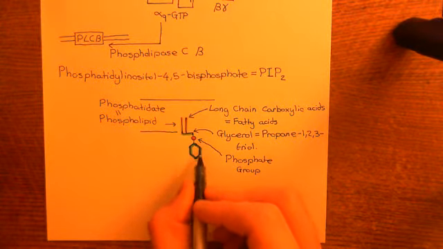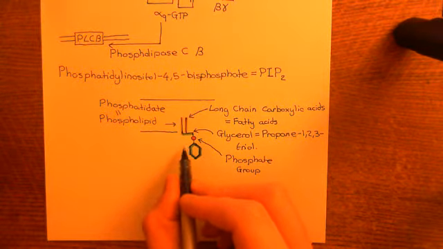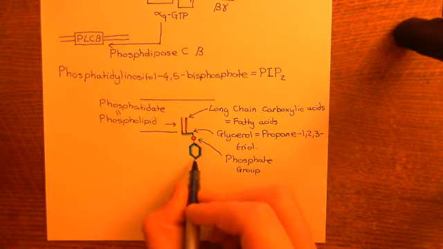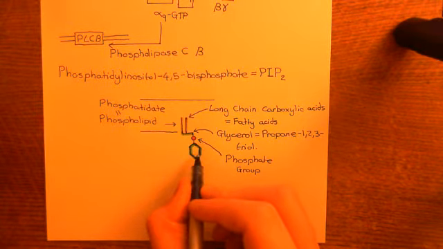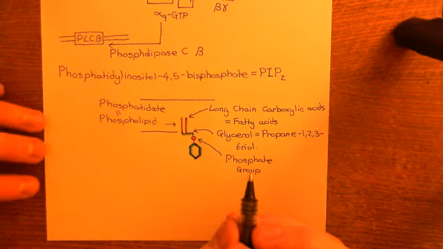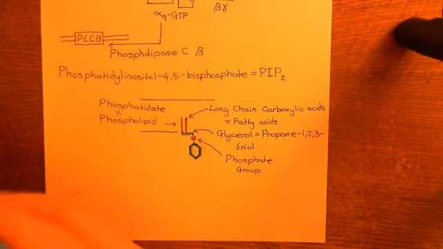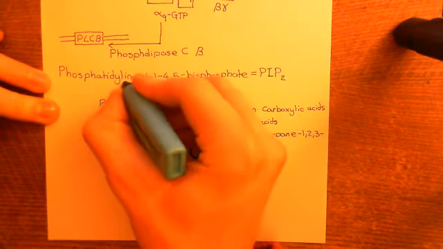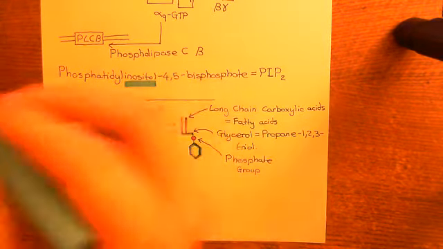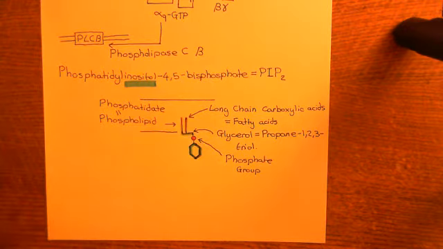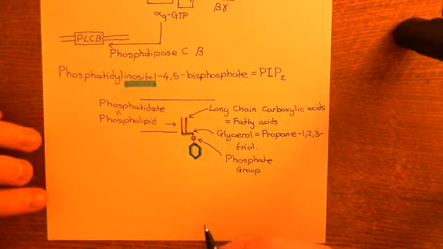So this ring has 6 alcohol groups, one on each of these carbons, and each of these carbons also has a hydrogen coming off it. So that's the structure of inositol. What I've created now is a phosphatidyl inositol molecule, a PI molecule.